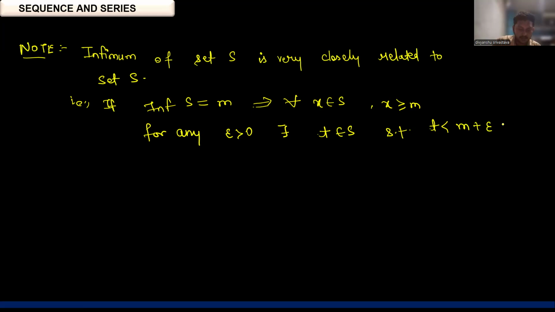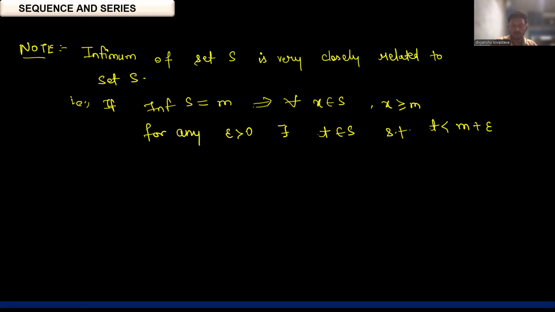So these are the notes on the infimum of a set S. What it means is that if the infimum of S is equal to m, then for every element x in S, x is greater than or equal to small m, and for any epsilon greater than 0, there exists a second element t from that set such that t is less than m plus epsilon. So that is our infimum of a set.